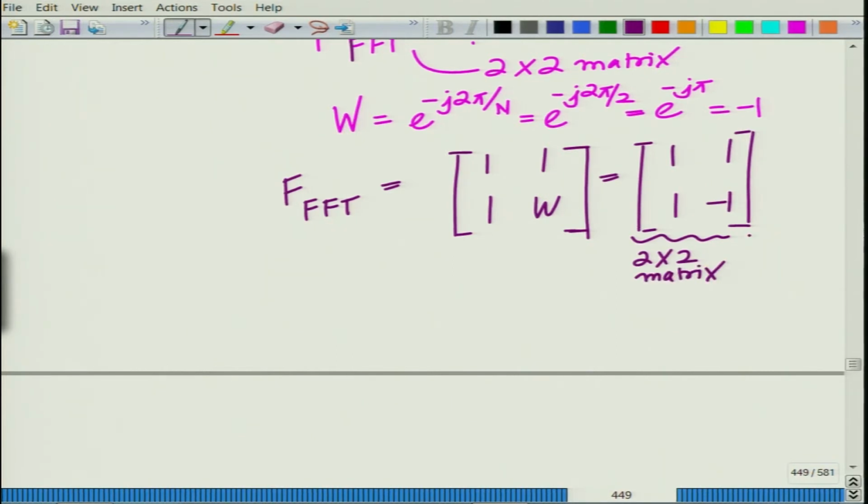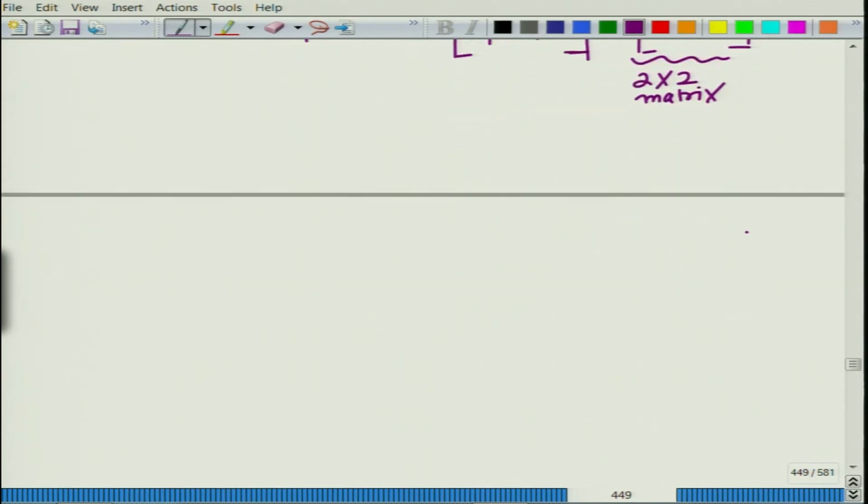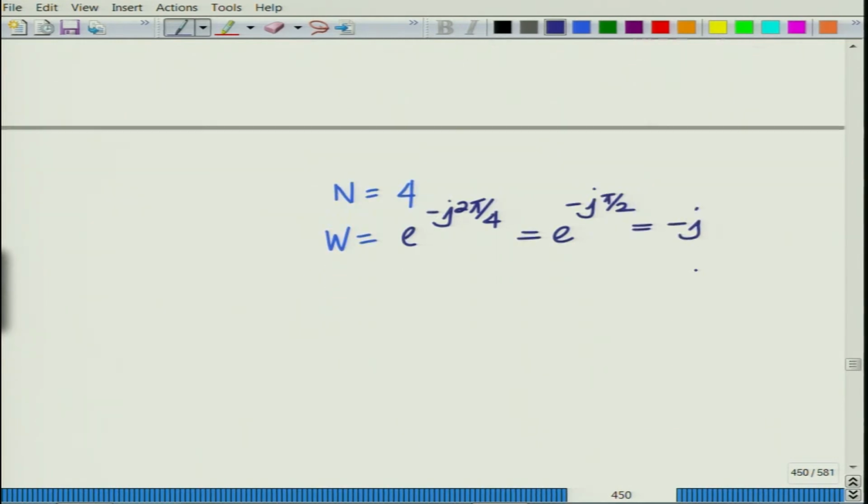Let us look at this for n equal to 4; it becomes a little bit more complex. For n equal to 4, W equals e raised to minus j 2 pi divided by 4, which is e raised to minus j pi divided by 2, which is minus j.